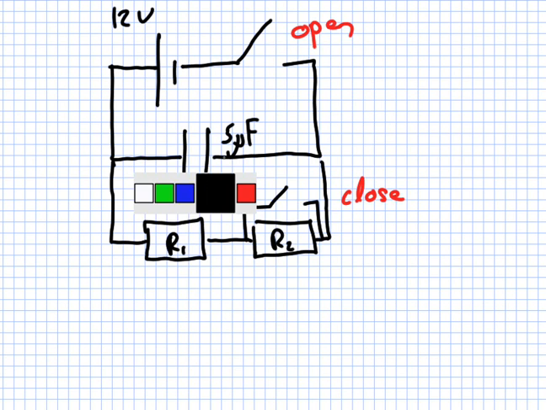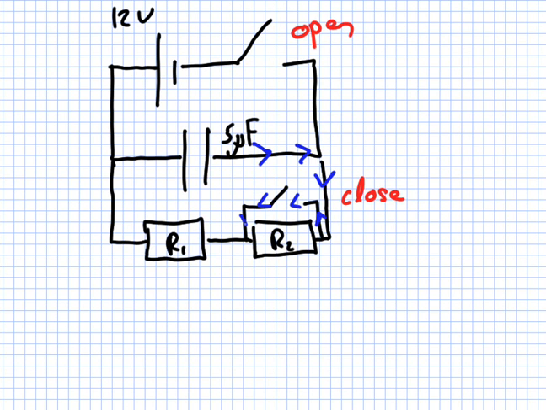So the capacitor starts to discharge a current. But this switch is closed, and the reason they say it's closed is because this is broken, so the current avoids the resistor. It only goes through the one resistor here.